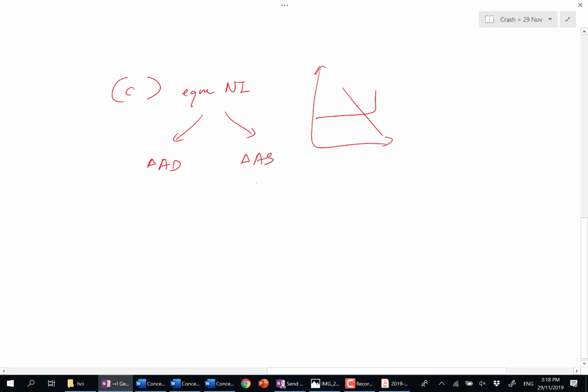Let's go into details. This one is easy. It could be due to a change in SRAS or a change in LRAS. Yes? And this one, there are a few ways to look at this.